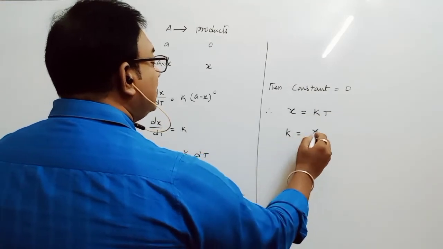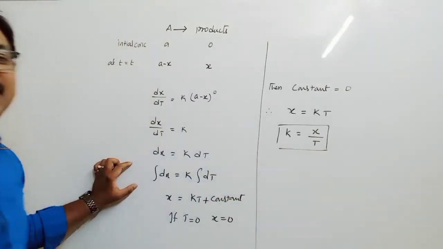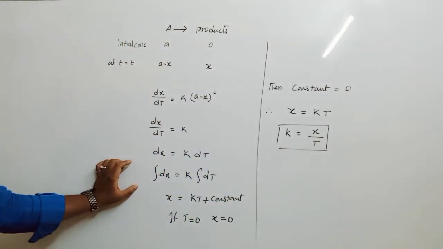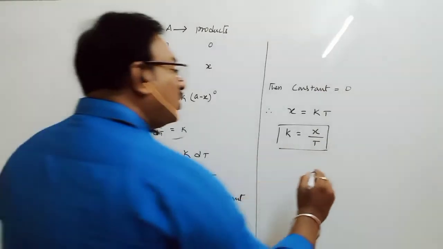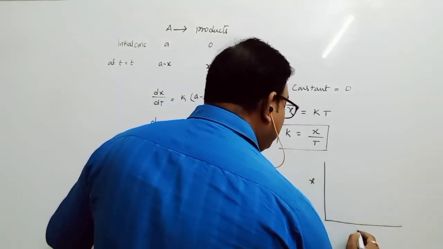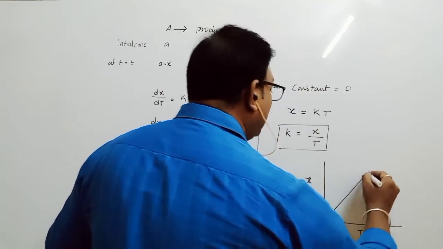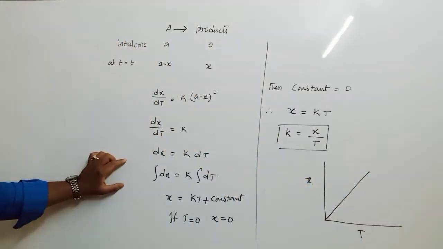Then k is equal to x by t. Well, this is the alternate integrated rate expression for zeroth order reaction. Now, if you take the x versus time period graph, that graph will be like this, right? X versus time period graph will be like that. Okay, so please remember.